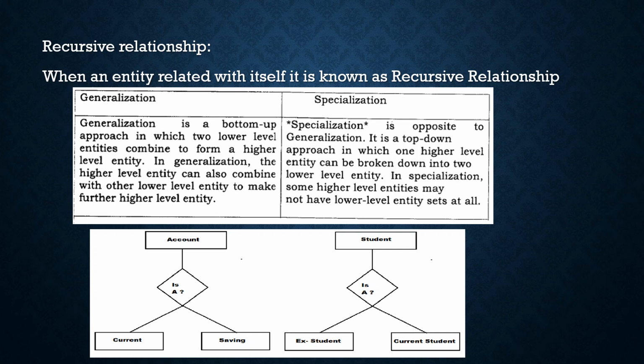Next term is generalization and specialization. Before the explanation of generalization and specialization, just go through some approaches in programming languages. Last year you studied object oriented programming language, and what the importance of object oriented programming is compared to procedural oriented programming language. See, the C programming language uses a top down approach.